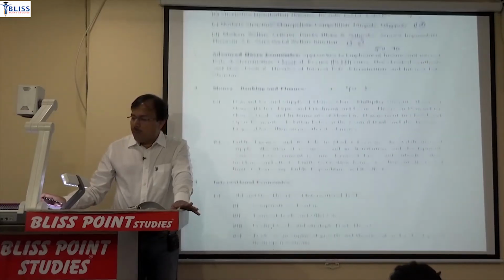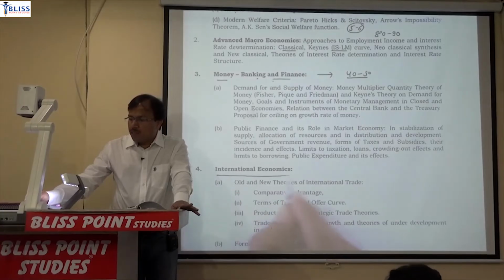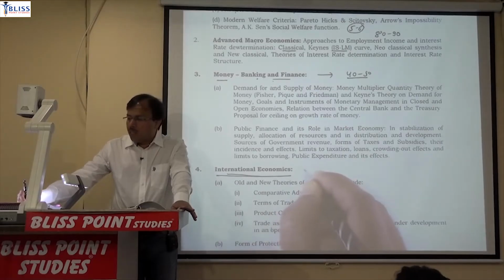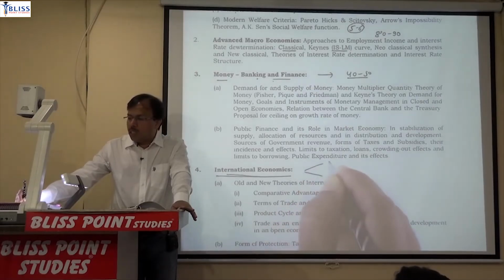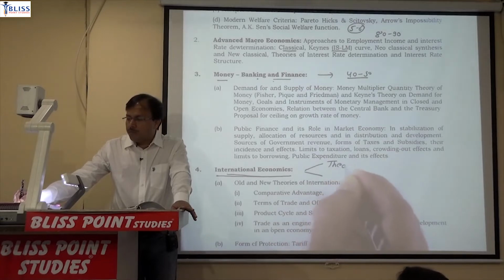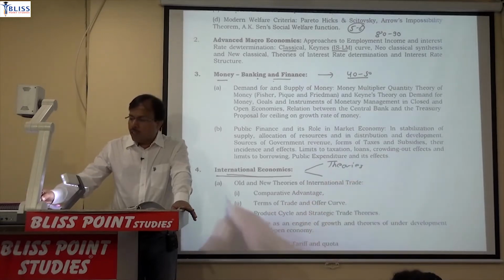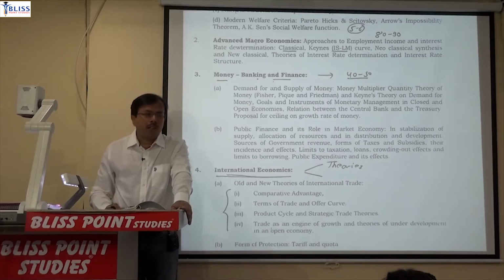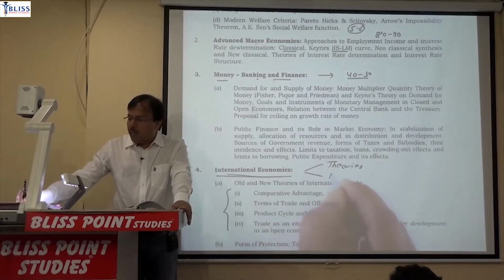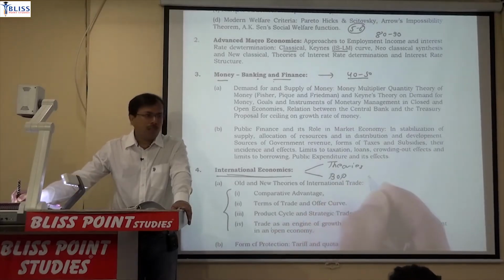Section B of paper 1 will start with international. So all international questions are usually in section B. This international economics you can divide into 2 parts. One is theories of trade. All theories are mentioned upfront. And the second part will be balance of payment and foreign exchange.